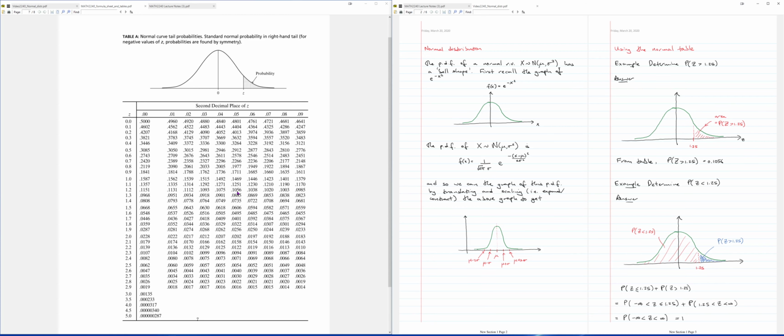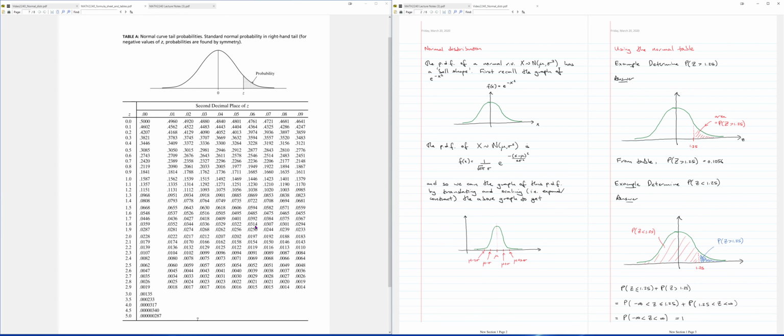But what we want is 1.25, so this is 1.2 plus 0.05, which gives me 1.25.